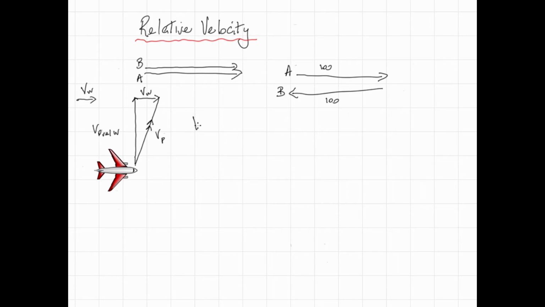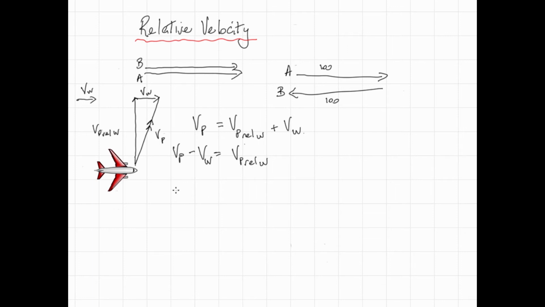So we can say that the velocity of the plane is equal to the velocity of the plane relative to the wind plus the velocity of the wind. Or if we want to get this by itself, the velocity of the plane relative to the wind is equal to the velocity of the plane, that'll stay on that side, this one will have to come over, minus the velocity of the wind. Now that allows us to work out relative velocities.